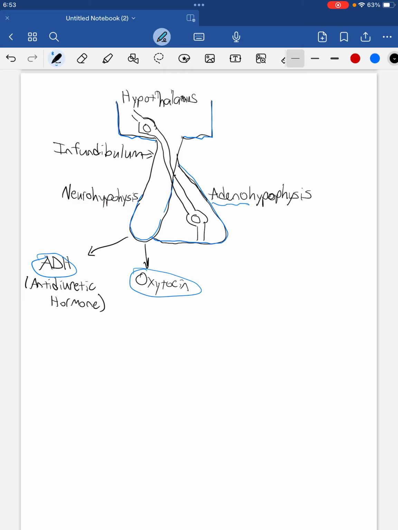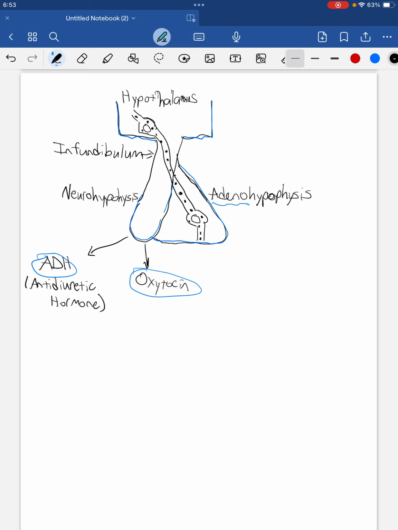So the hypothalamus is going to make some sort of releasing hormone, like growth hormone releasing hormone, for example. It's going to travel through this capillary. So here's the hormone that I'm drawing traveling through to the anterior pituitary through this capillary.